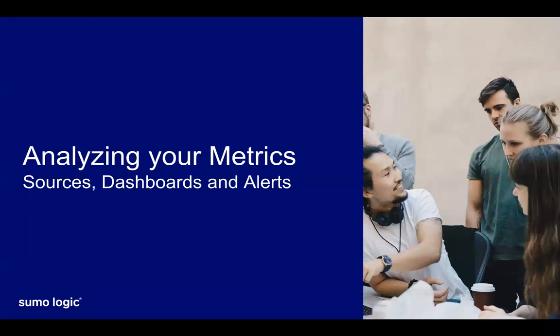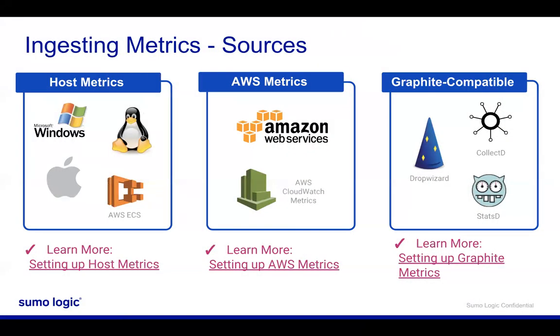It's pretty straightforward. I talked a little bit about metrics in our initial demo. So in terms of analyzing metrics, there are 4 sources. I only list 3 here because one of them just became available. We can get metrics from your host servers, so your host servers can send us things like CPU and memory and network. We can also get AWS metrics.